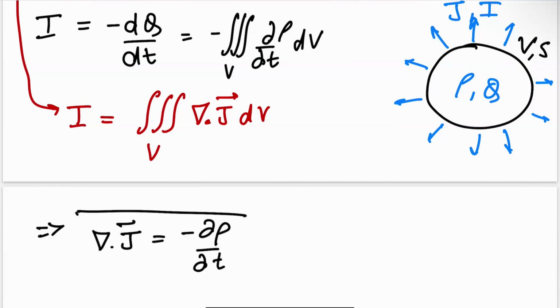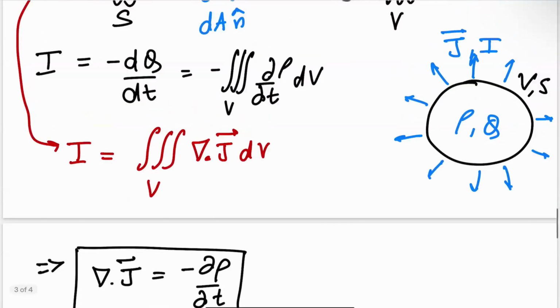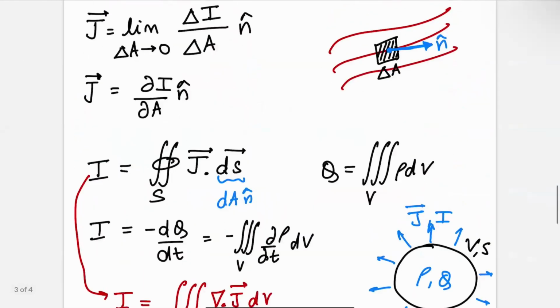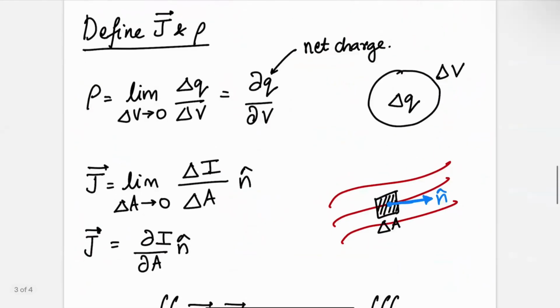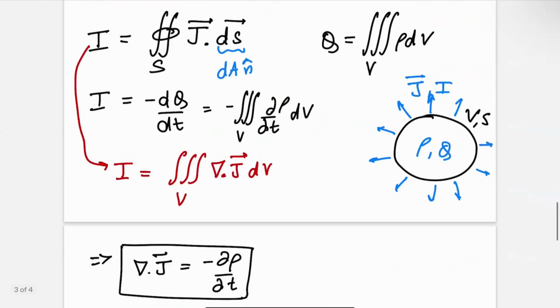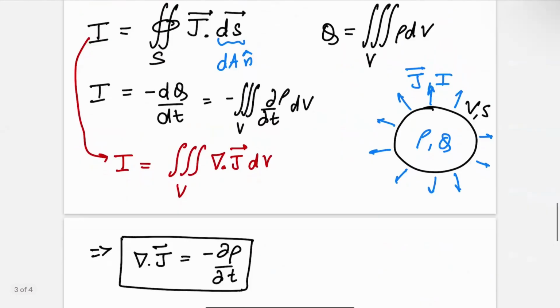So it seems like we've derived the law of conservation of charge just by some definitions of I and Q. Right here, there's no Maxwell's equation. I just defined J and rho, and then I somehow derived conservation of charge. So the question now is, is this really a proof?